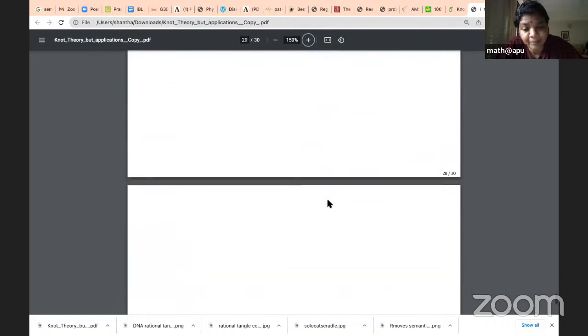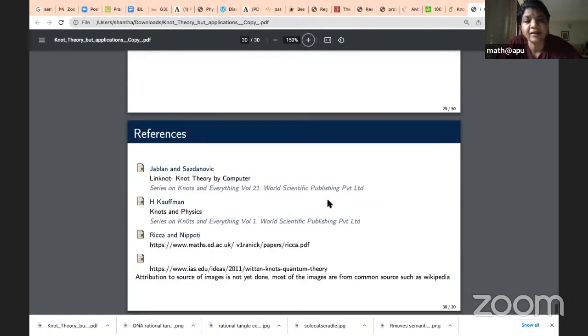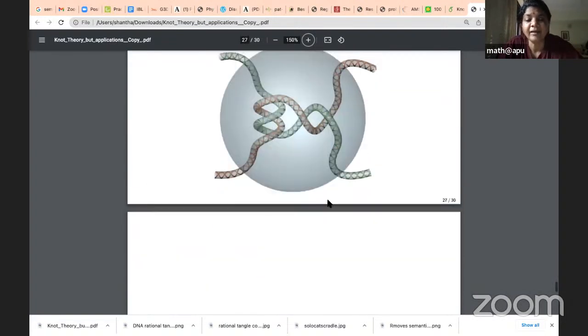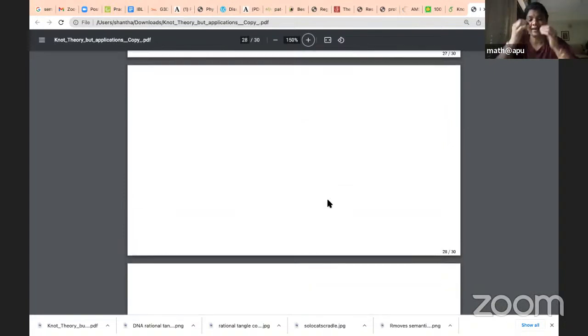The third example, which I was not able to write here, is a game in which you draw a diagram and one person tries to keep it knotted while another tries to keep it unknotted. There it becomes a very game theoretic situation where we can ask whether there is a winning strategy and things like that.